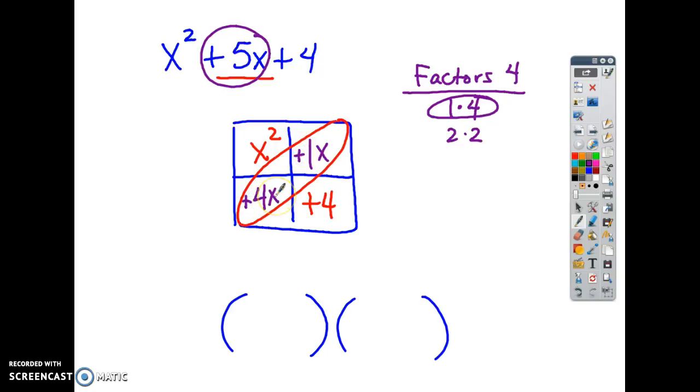Because 4x plus 1x gives you 5x. And then you fill in the outside. So this would have to be x times x, x squared. This would have to be a positive 1 because x times 1 is 1x. And this would have to be a positive 4 because x times 4 is 4x. So my factors are x plus 1 and x plus 4.